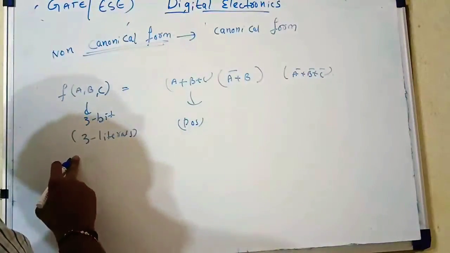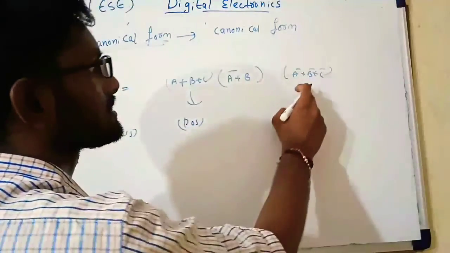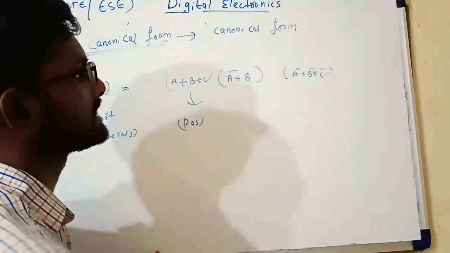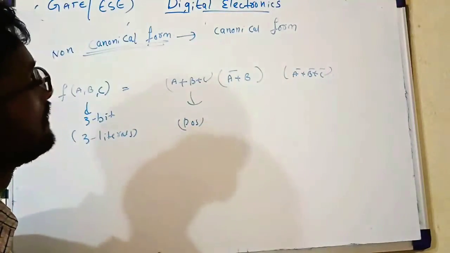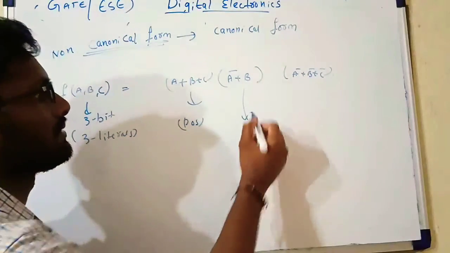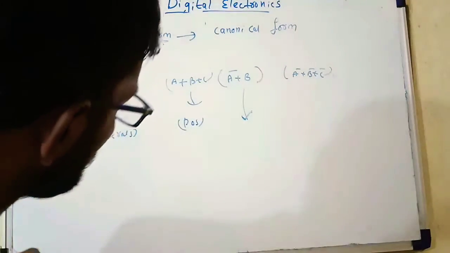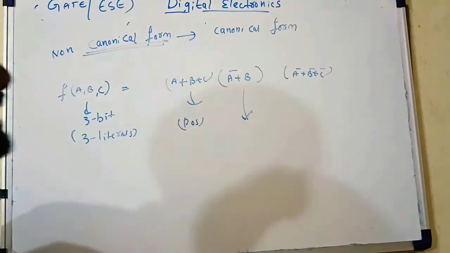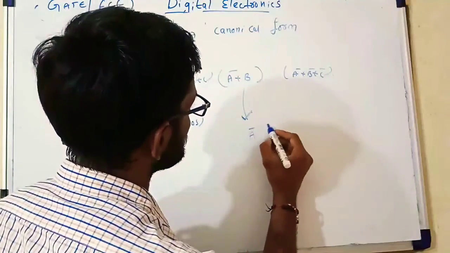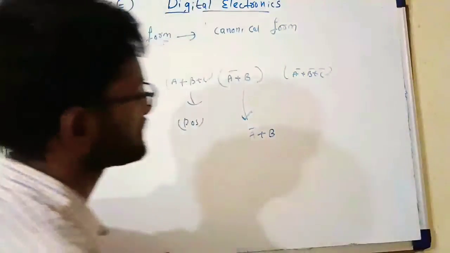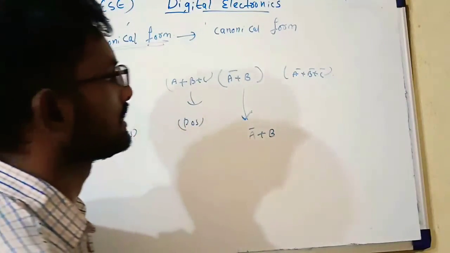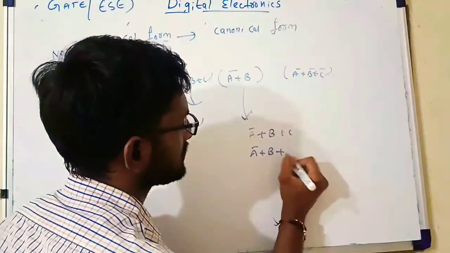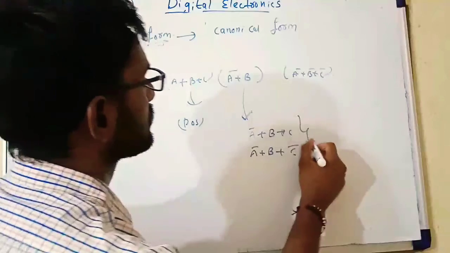Here there are 3 literals. In the first, A B C all literals are present, and in the last, A bar B bar C bar all literals are present, so these two are max terms. But in the middle, C is missing, so this is not a max term. So convert it to a max term. Previously we added B plus B bar or A plus A bar, like that. Instead of that, write it directly: A bar plus B, and here C is missing, so C may be either 0 or 1. In a max term, 0 represents C and 1 represents C bar. So these are the two combinations.